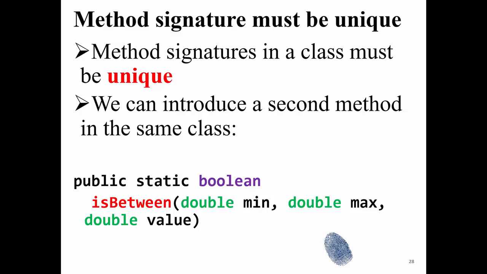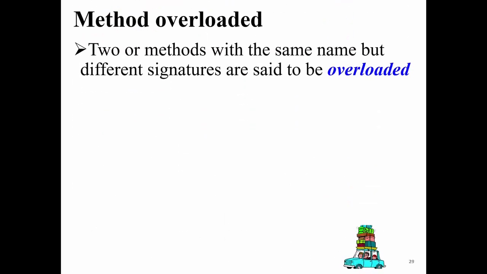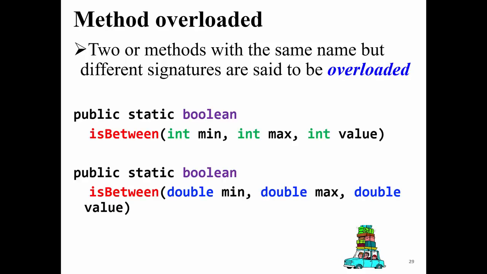This is a different signature of is between. I can say public static boolean is between, and then I will start working with double numbers now, not integers. So it's a totally different method, and I can add it to the same class. Method overloading is when you have two or more methods in the same class, but with different signatures. For example, these are two methods.